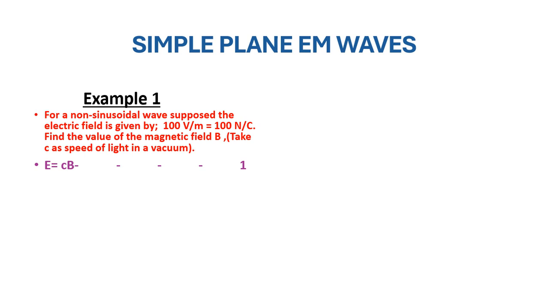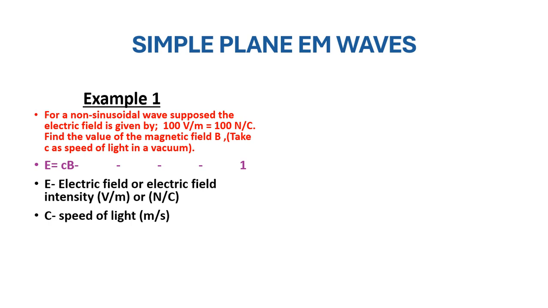E represents electric field intensity in volts per meter or newtons per coulomb, c is the speed of light, a constant, and B is the magnetic field strength or magnetic flux. The SI unit is the Tesla.